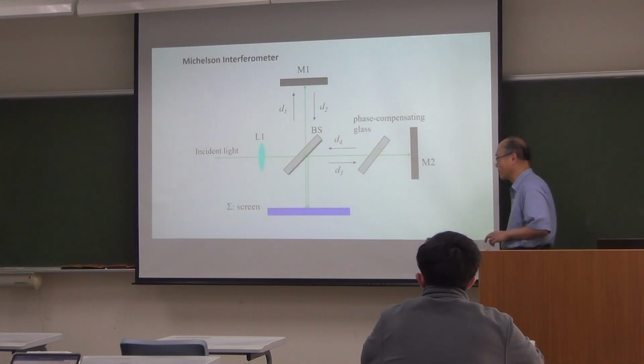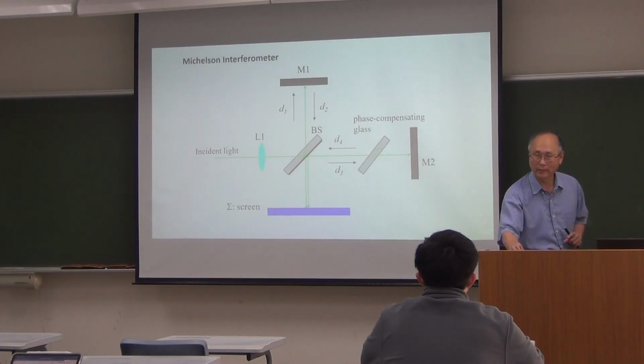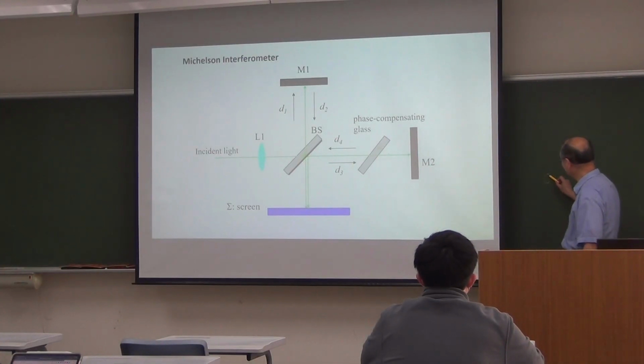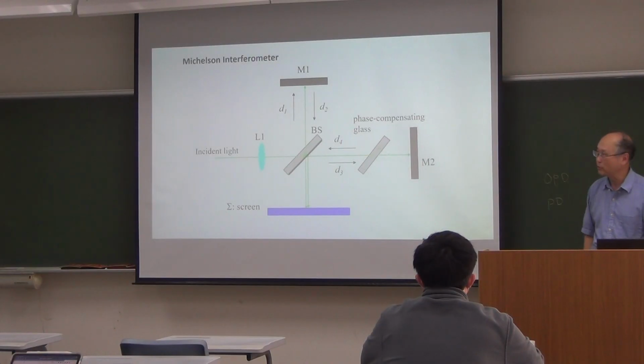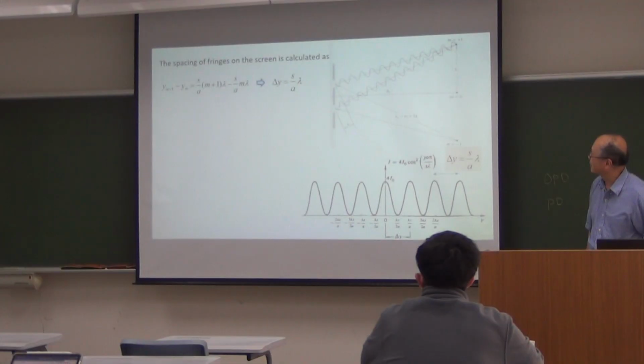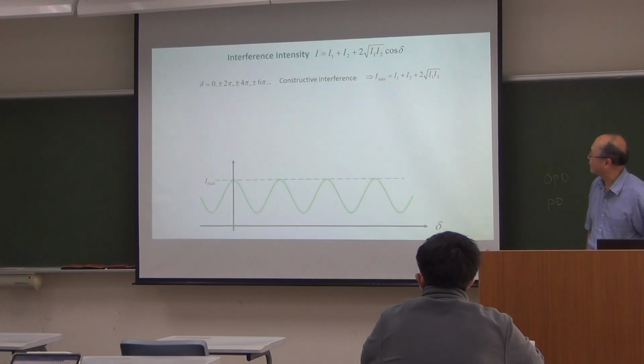We have two things, okay? One is the optical path difference we define, right? We have path difference. Optical path difference is that you include the refractive index into the consideration, and then calculate the phase.